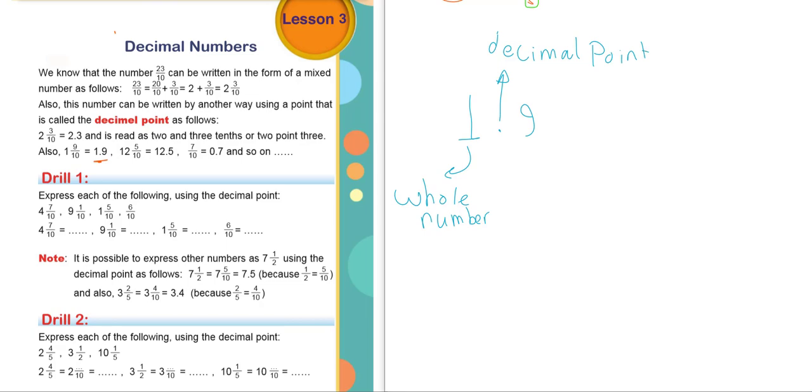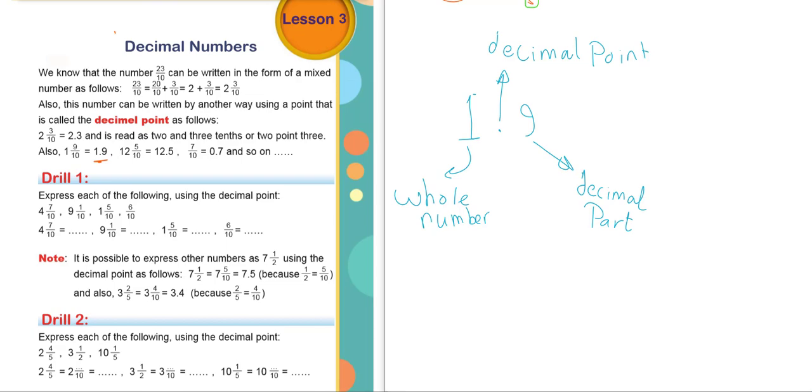And this is called the decimal number or decimal part. So this is called 1.9, or 1 and 9 tenths, 12 and 5 tenths, or 12.5, 0.5 or 7 tenths.